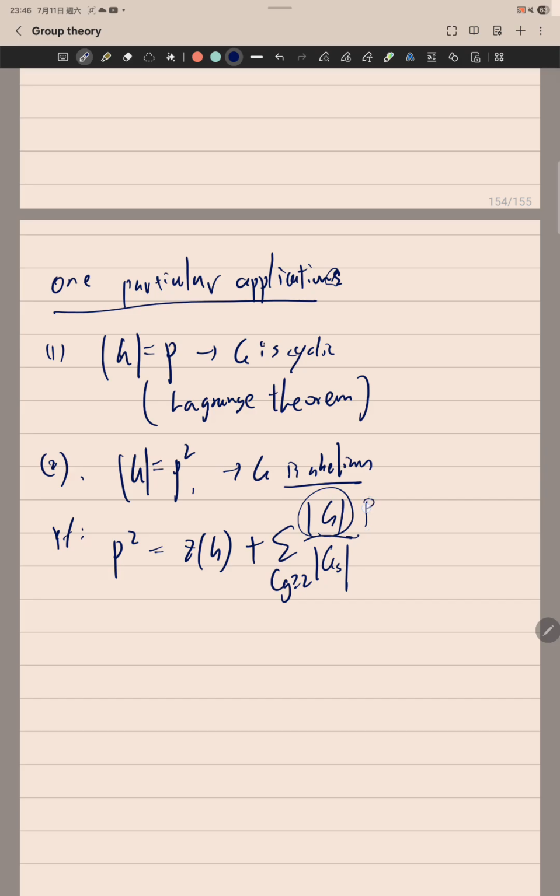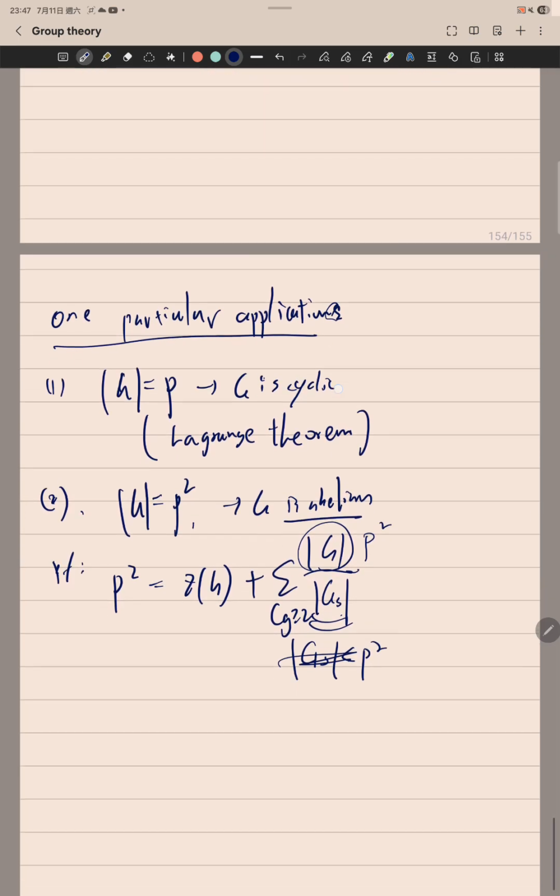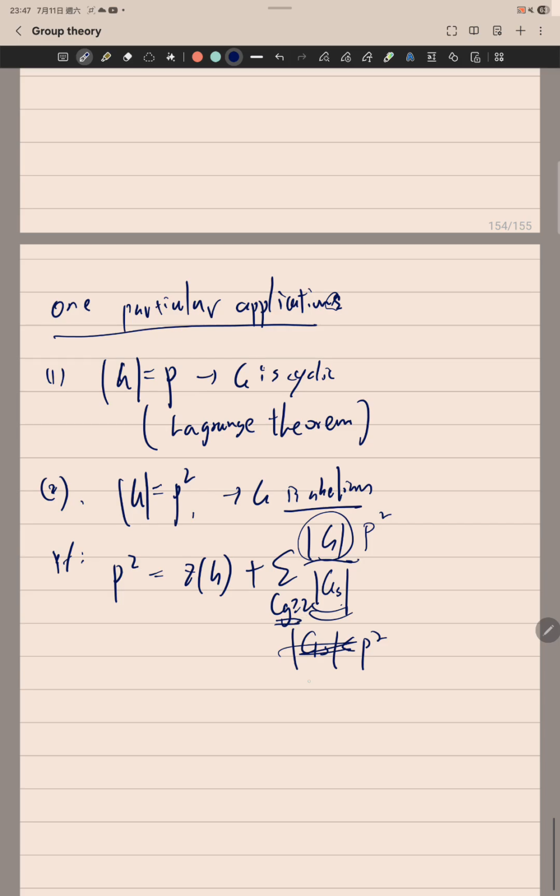So this guy is p squared. So how about |G_s|? So obviously |G_s| is definitely less than p squared. Since this class size is greater than or equal to 2, so |G_s| cannot be 1.